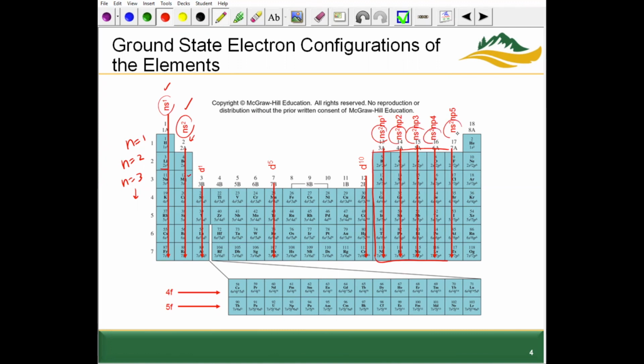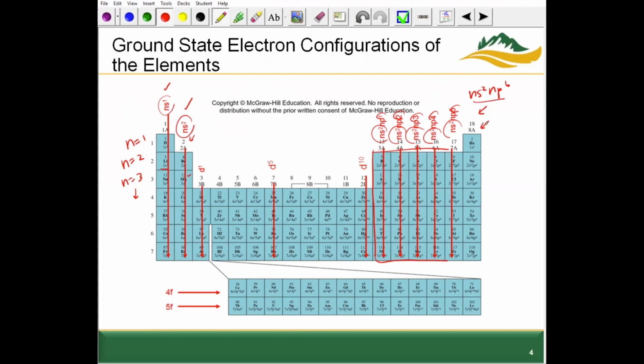Then we start to fill the p orbitals, so np1, 2, 3, 4, 5. When we fill the p orbital with np6 and still ns2, that's when we get into our noble gases.